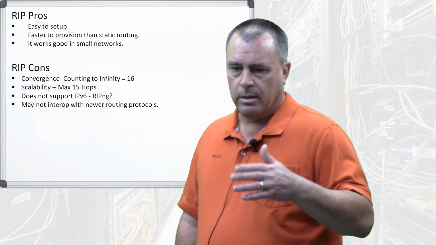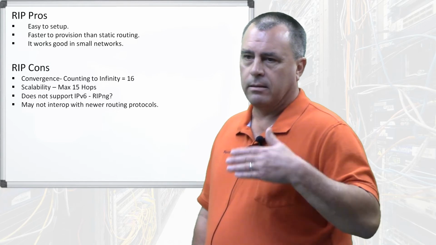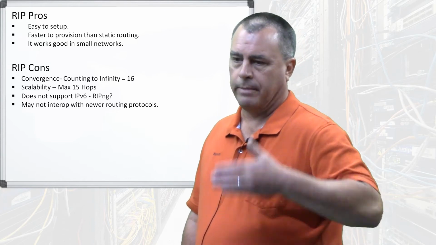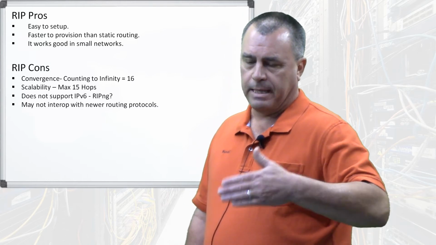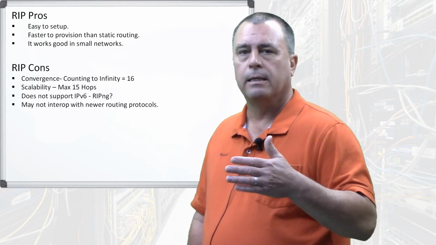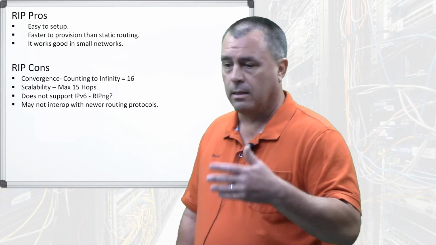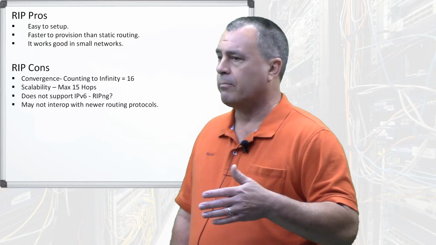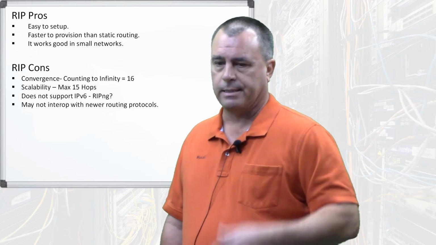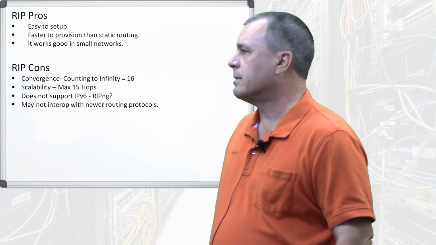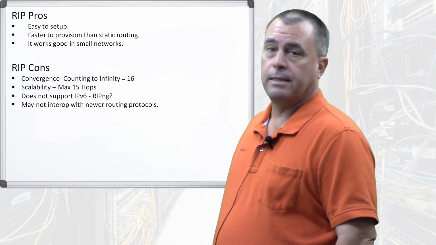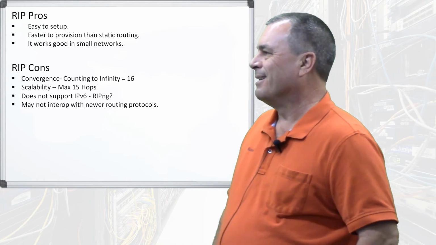It tends to do the hop count, and it sits there and just keeps incrementing it by one, which is the metric it uses to calculate the cost of the route. And it'll sit there and do it until it hits 16 and then stop. And 16 in RIP is infinity. I know it sounds small, but that's the way it works.